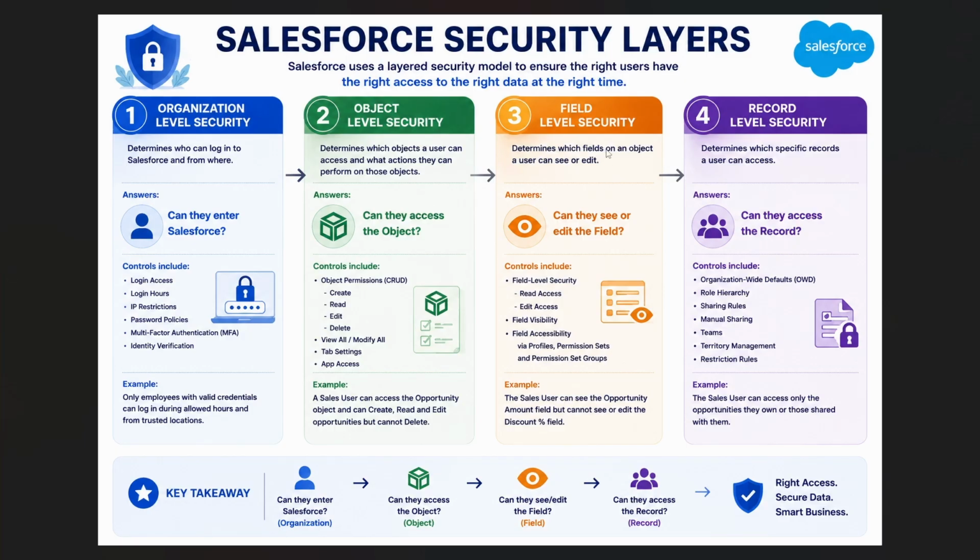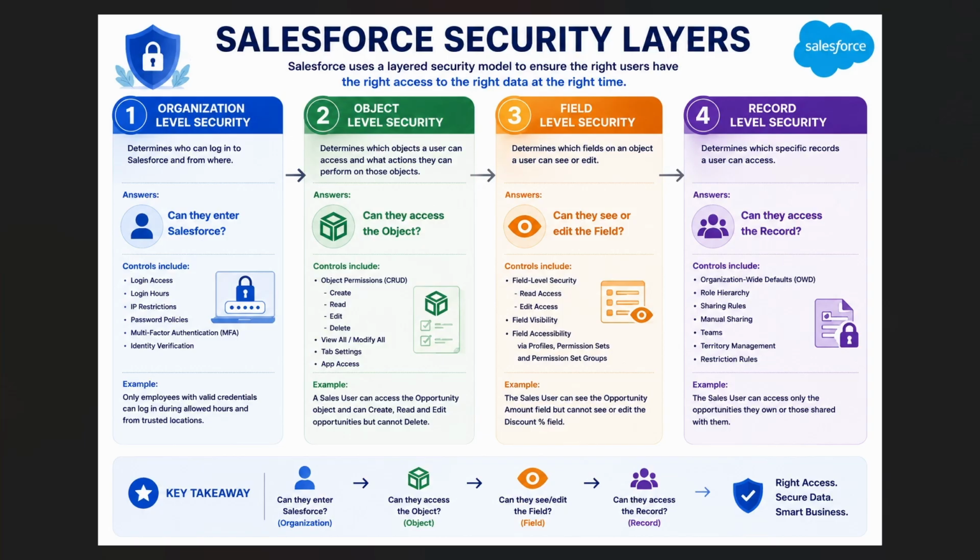Now let's talk about field level security. Suppose Rahul has access to the Employee custom object, maybe because he is a manager. Does that automatically mean he should see every field? Again, no. This is where field level security comes in. Imagine the Employee object contains employee name, department, email, salary, bank account, and performance rating.